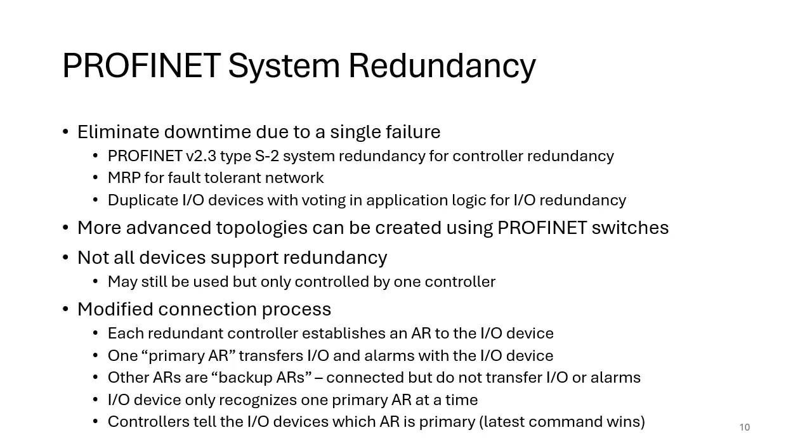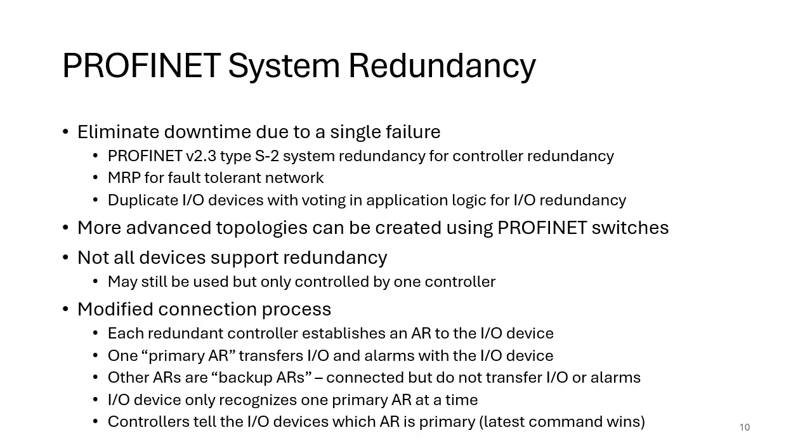So with S2 system redundancy, there is a slightly modified connection process compared to the previous slide. What happens is the redundant controller establishes an application relationship to the I/O device, and so does the backup device. So there are two application relationships. And what the I/O device does, it has a primary application relationship, which it uses to transfer I/O and alarms to the I/O device and the primary controller.